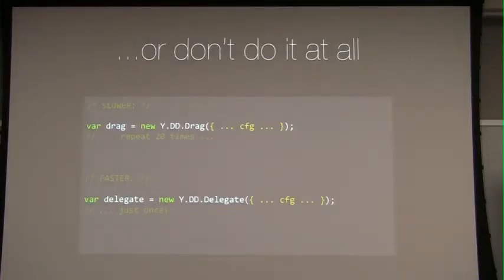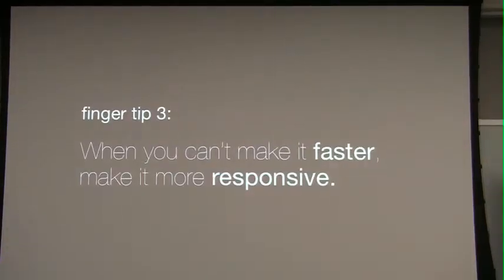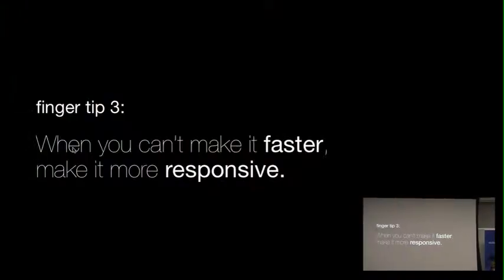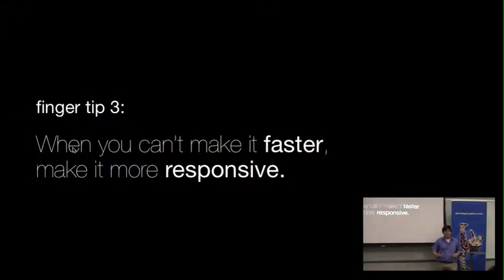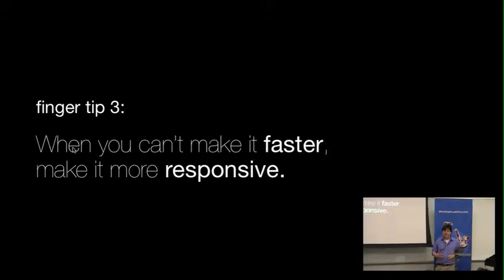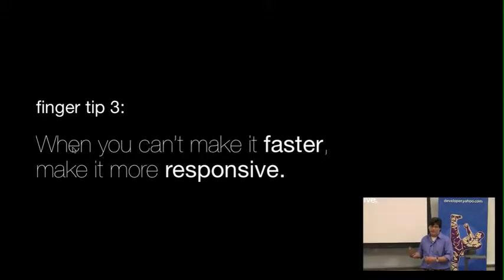So there you go. The lesson here is that when you can't make things faster, make them more responsive. Because really, the user doesn't care how fast you're doing stuff. The user cares how responsive your stuff is.